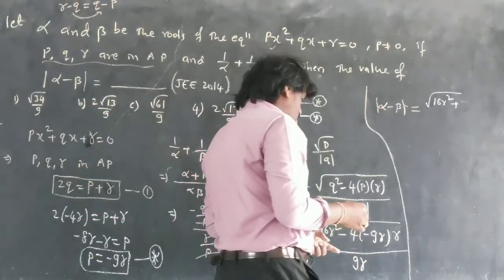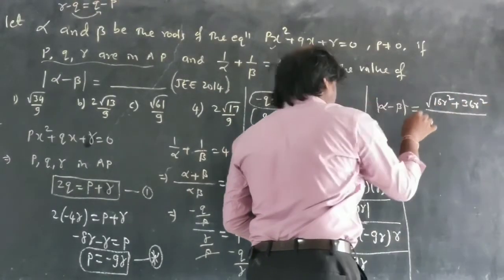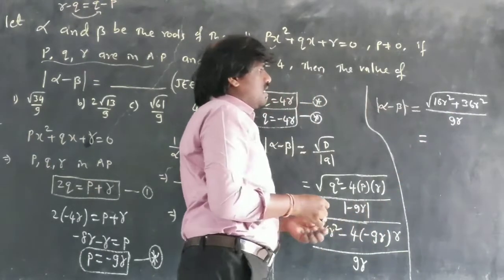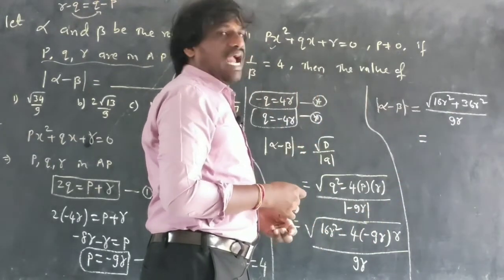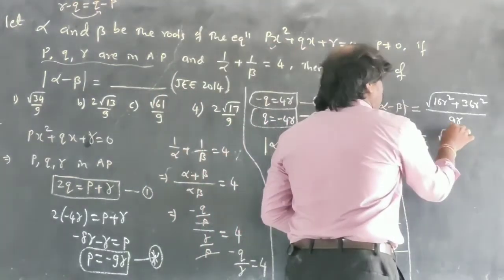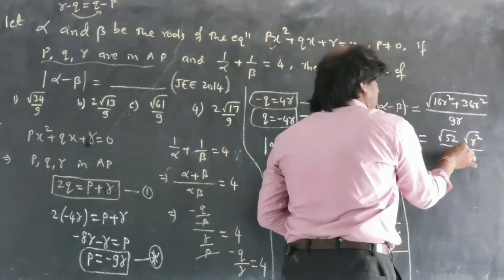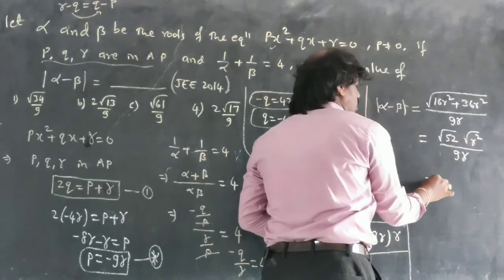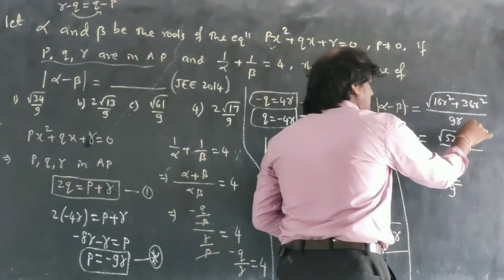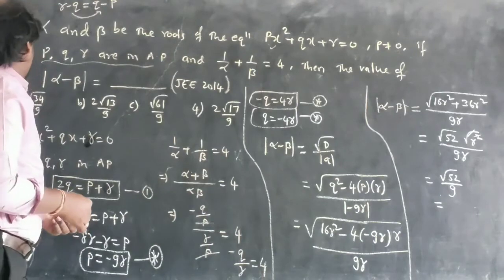So 36r square divided by 9r. Then I get 52, correct? If you add them, I get 52. Square root of 52, and the square root of r square divided by 9r. So I am getting the square root of 52 divided by 9, and r cancels. The answer is square root of 52 by 9.